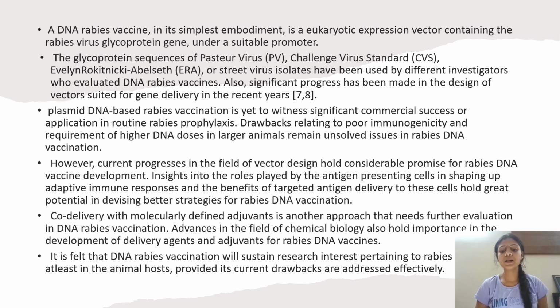Advances in the field of chemical biology also hold importance in the development of delivery agents and adjuvants for rabies DNA vaccines. It is felt that DNA rabies vaccination will sustain research interest pertaining to rabies, at least in the animal host, provided its current drawbacks are addressed effectively.